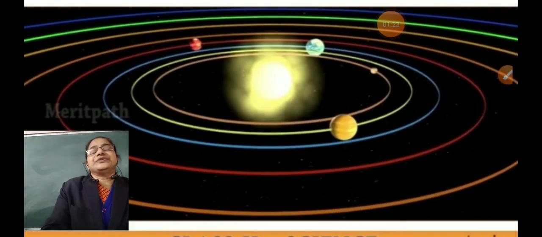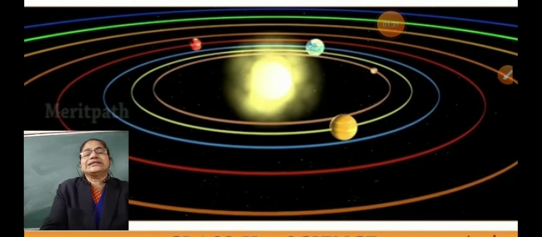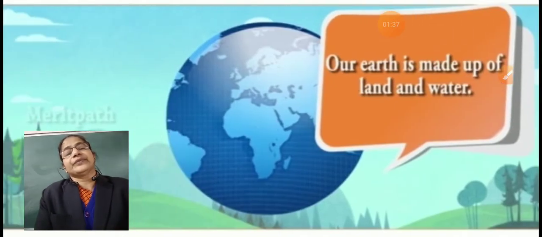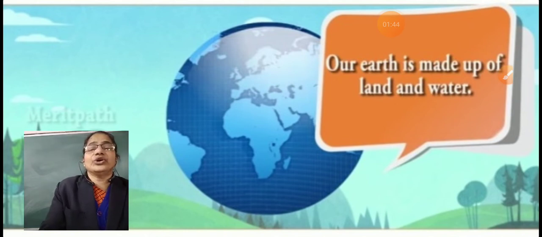This is the picture of the solar system. You can see here Earth, stars, moon. Now, our Earth is made up of land and water.